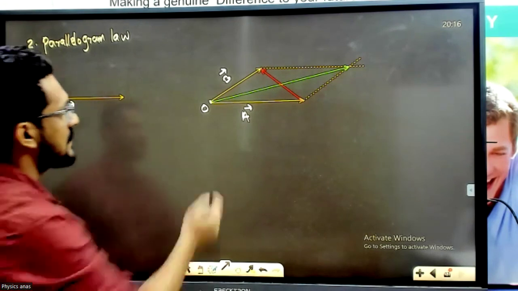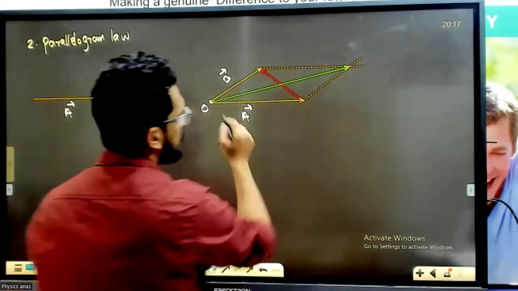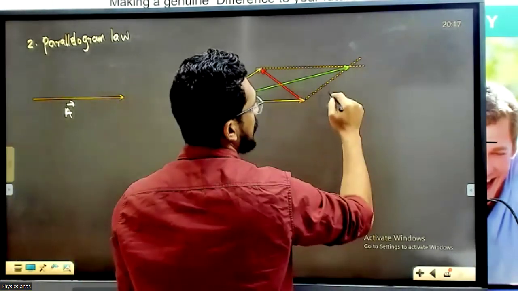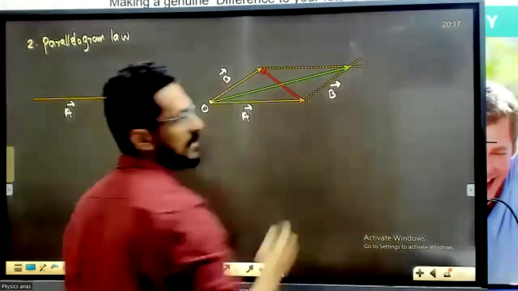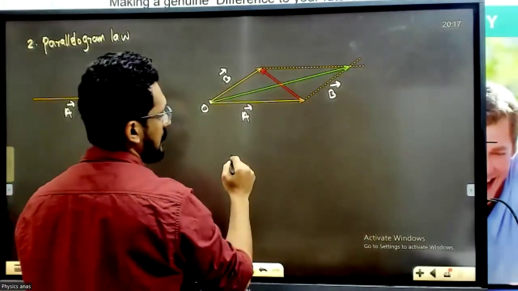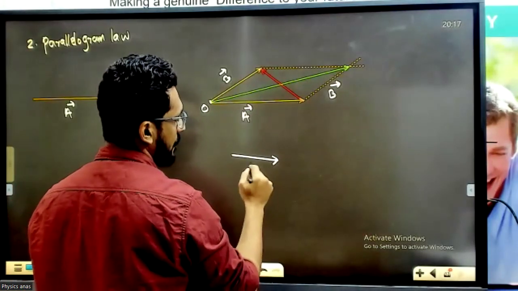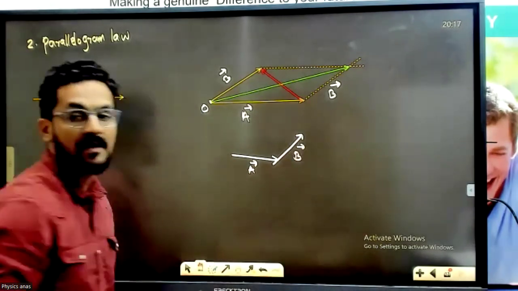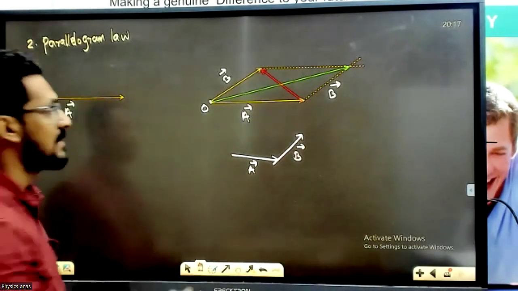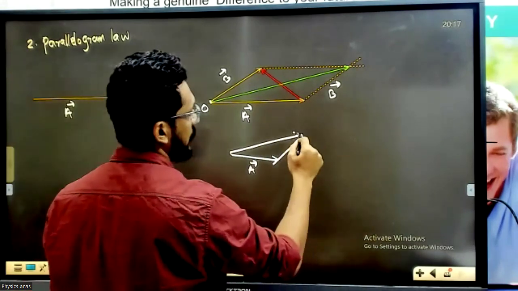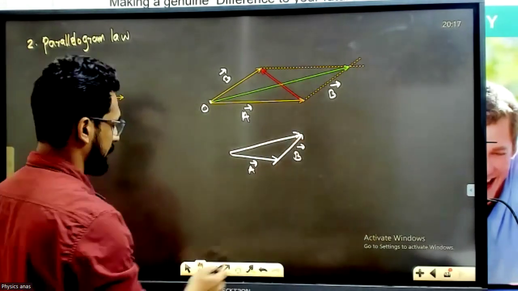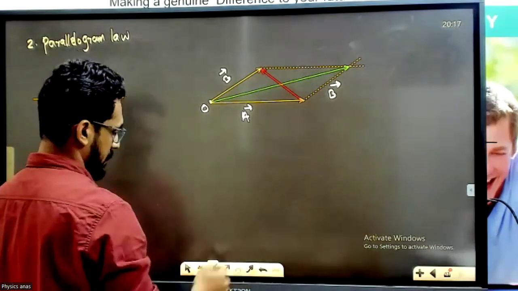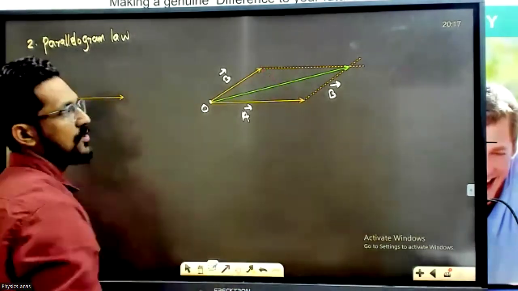This is B. If this is B, this is also B. Then this is A, this is B. So what will be the resultant? The resultant will be from this point to this point. That's it. And this diagonal cannot be the resultant.